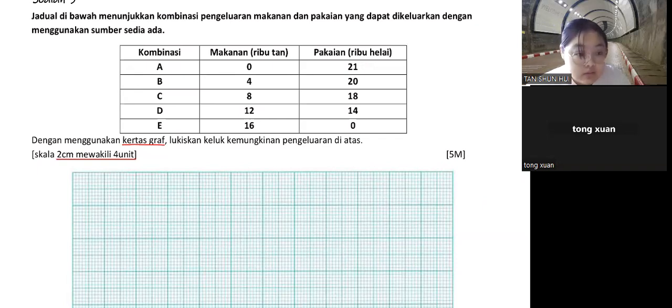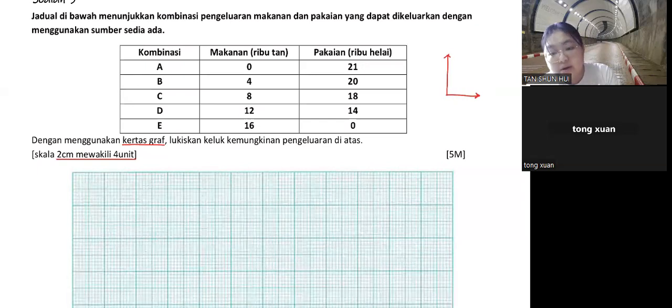Now, here they give me combinations A, B, C, D, E, makanan, pakaian. We know our graph will have an x-axis and y-axis. So which one should be on the x-axis? Which one should be on the y-axis? Remember, the x-axis always has a constant number.